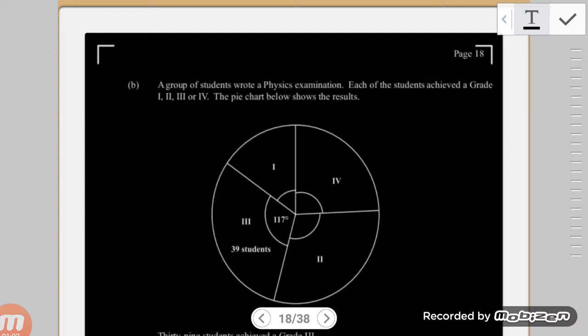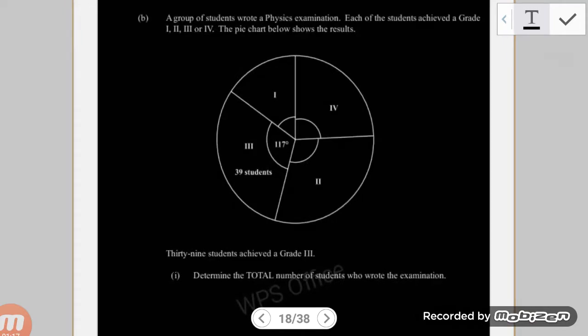We're at question 5b here, and this is saying that a group of students wrote a physics examination. Each of the students achieved a grade 1, 2, 3 or 4. The pie chart below shows the results. So let's examine the pie chart.